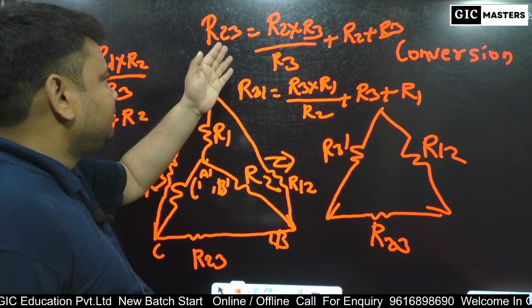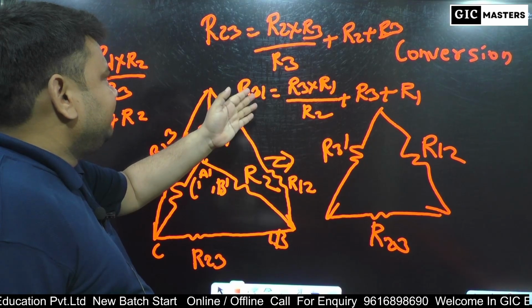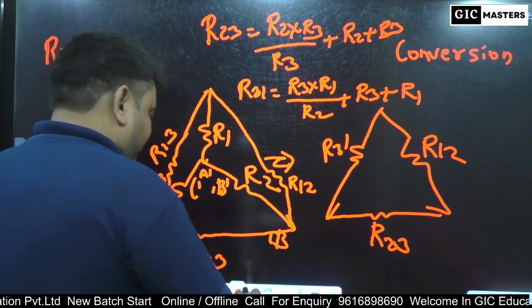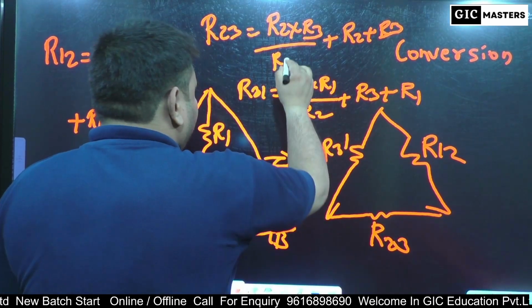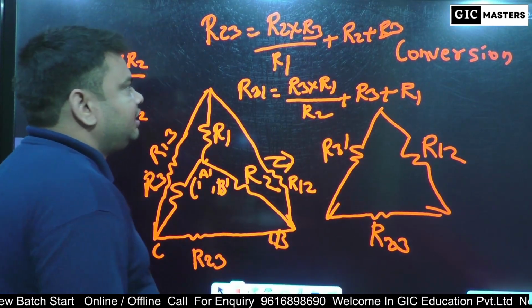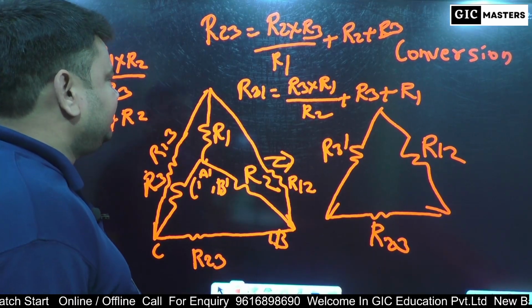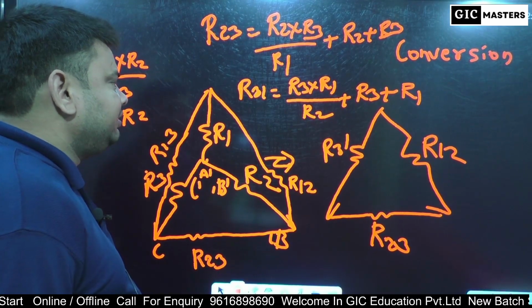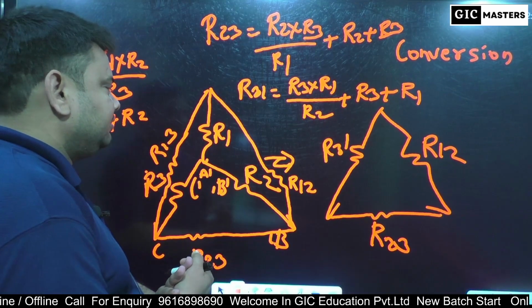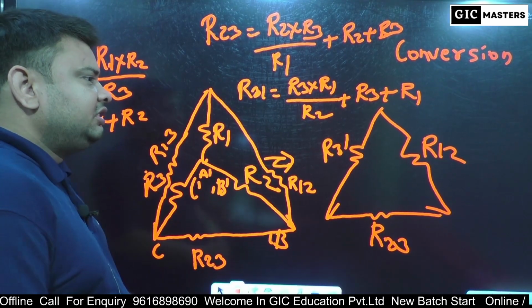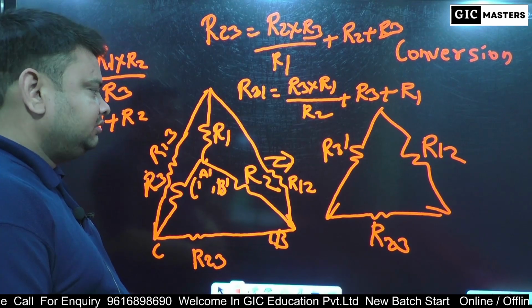R23 equals R2 into R3 divided by R1 plus R2 plus R3. Similarly, R31 is equal to R3 R1 divided by R1 plus R2 plus R3. This is the star to delta conversion.